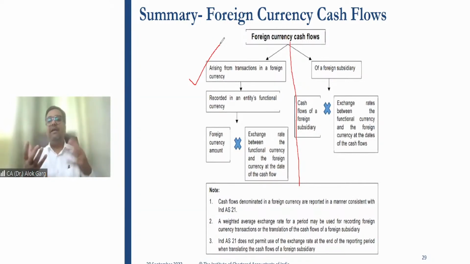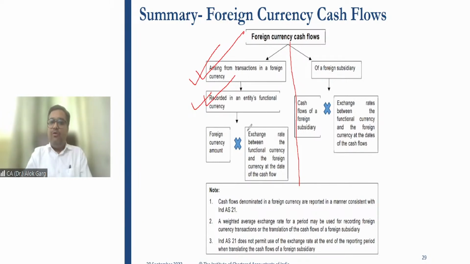Because the spot rate is 70, I'm converting USD into INR. If I have to pay any commission for converting USD into INR, that will be my cost, my expense. So friends, if the transaction is arising in foreign currency, record this in the entity's functional currency, means INR. Record this in the entity's local currency, means INR, right? Is that clear? So simple.